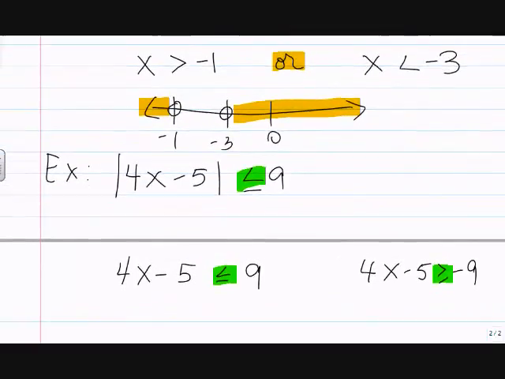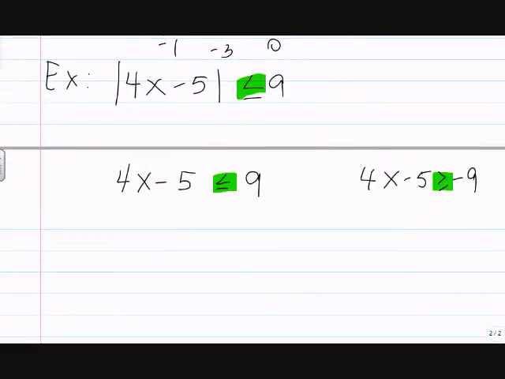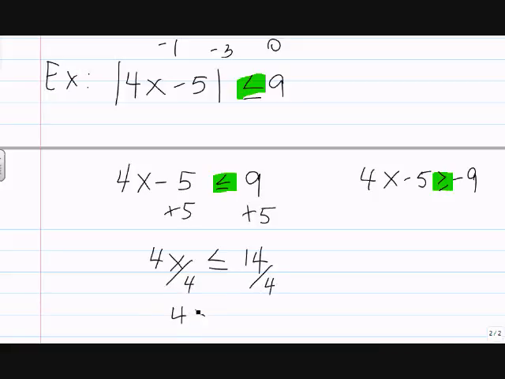Now we're going to solve these two inequalities. I'll add 5, and I'll get 4x is less than or equal to 14. Divide both sides by 4, and I get x is less than or equal to 3.5.